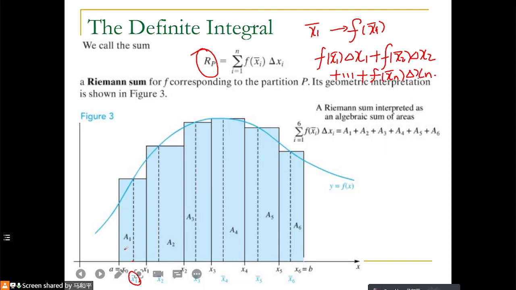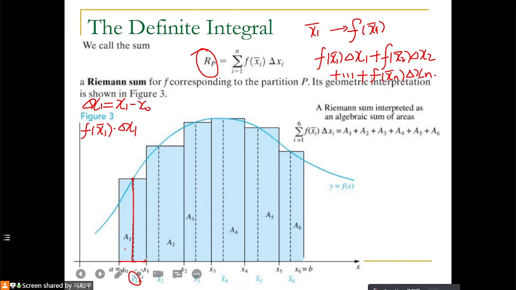So f(x1 bar) is this height, and then we multiply by delta x1, the length of the first subinterval, delta x1 equals x1 minus x0.